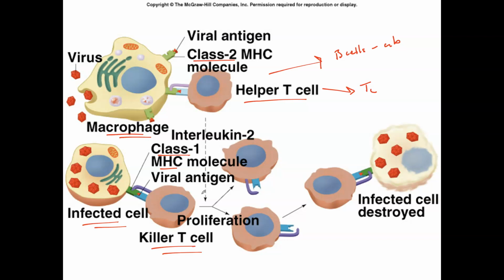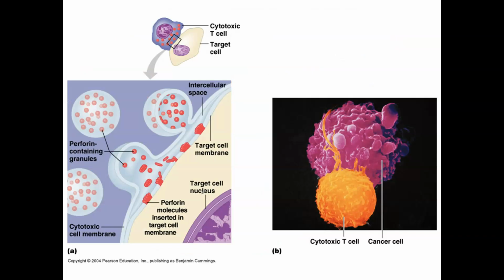pathogen. So how do cytotoxic T cells go about destroying infected body cells? What cytotoxic T cells do is they release perforin and also chemicals called granzymes. Granzymes are essentially proteases that can be used to digest infected cells.